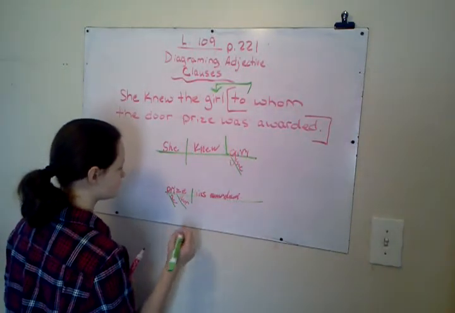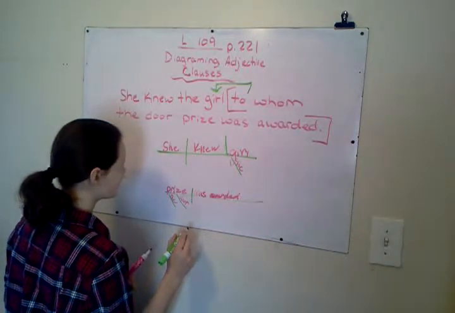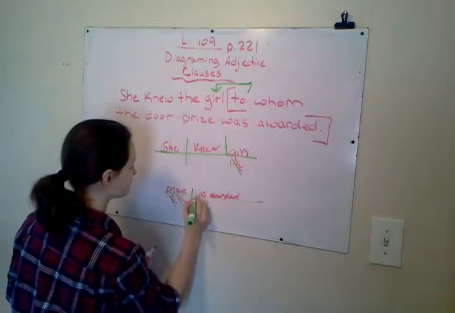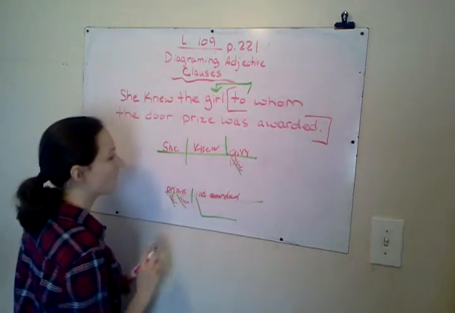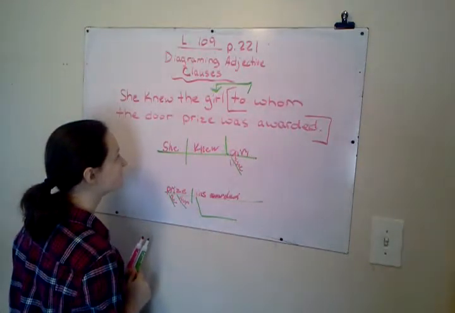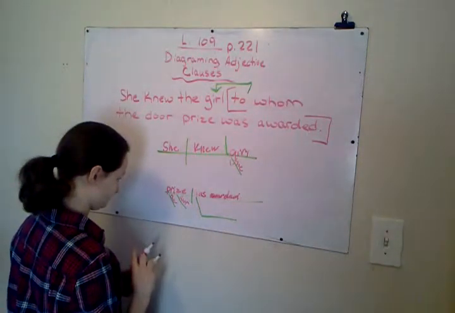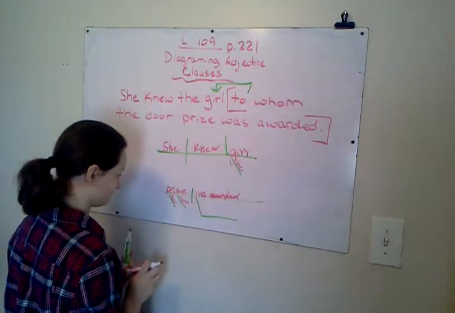To is a preposition, and whom is the object of the preposition. So we know that it's going to be diagrammed hanging under the line. But what we have to figure out is hanging under which word. Well, to whom is modifying the verb, was awarded. So we're going to hang it under was awarded. Because it's not a prize to whom, it was awarded to whom.